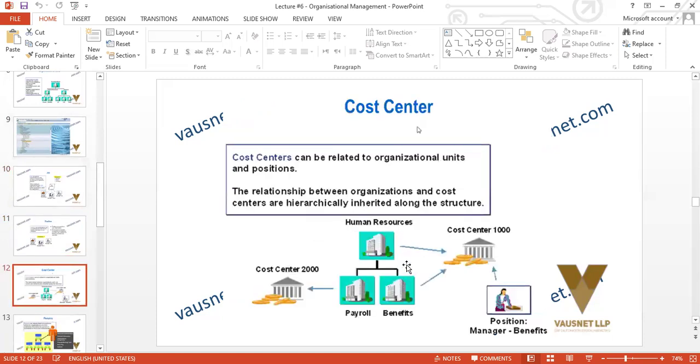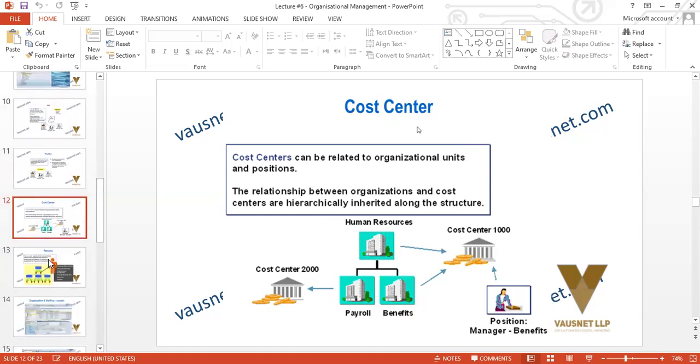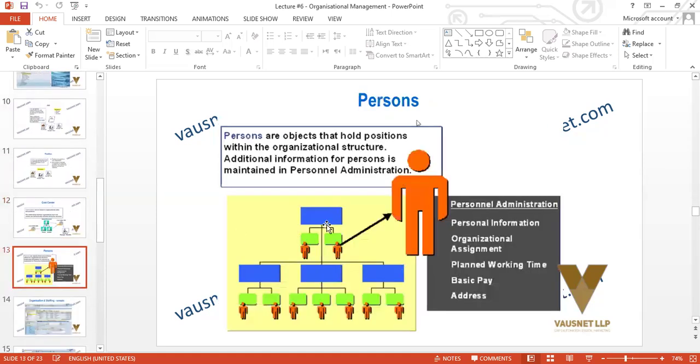Cost center, as I told you, will cost the operations and the execution of the jobs, the positions held by people, and it will then contribute to the payroll, taxation, EOBI, and other finance related, remuneration, salary related, payouts related operations.